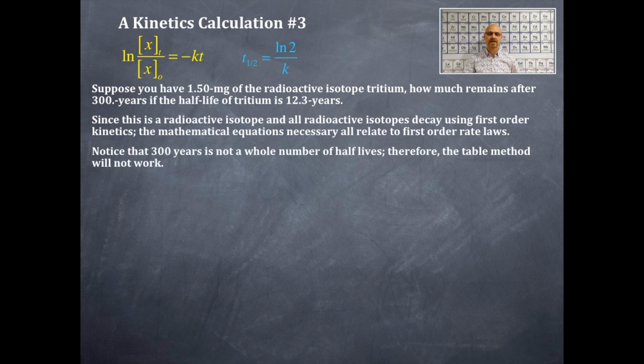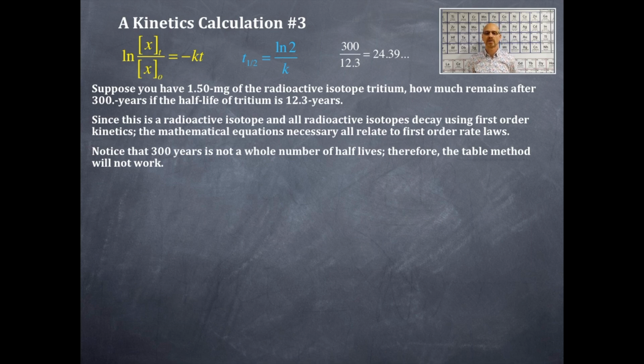Note that 300 years is not a whole number of half-lives. Therefore, the table method that we used in one of the previous lectures will not work. I'm verifying that here: 300 years divided by 12.3, the half-life, is 24.39.